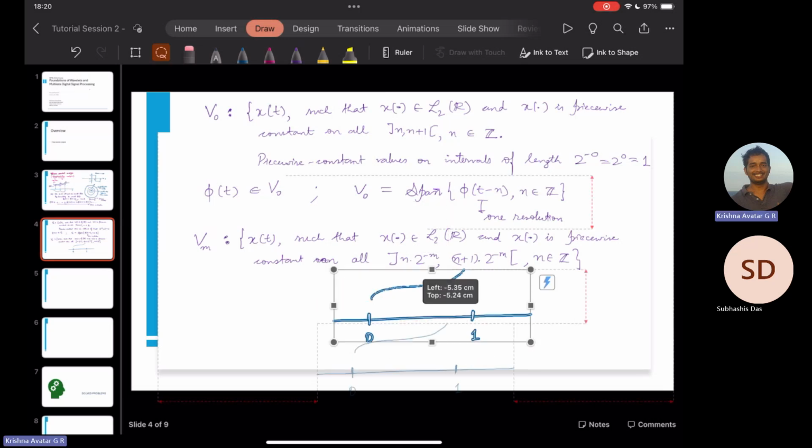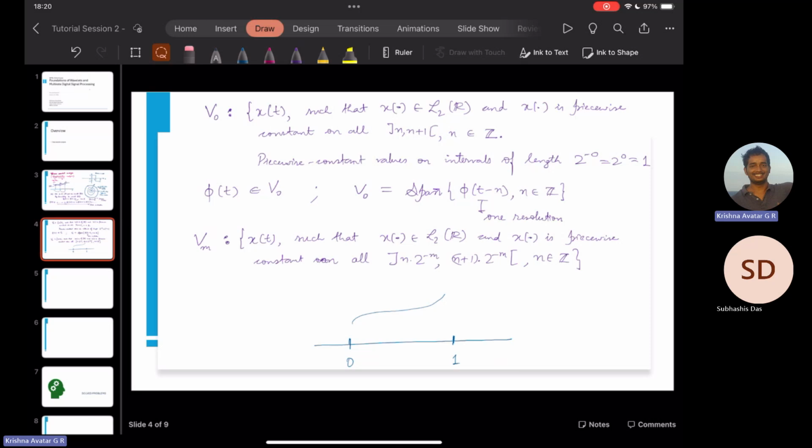Here we denote it by some piecewise constant signal. Let's say it started here and ended here. As we know, this is like C naught, the piecewise constant value. And this indicates V naught.